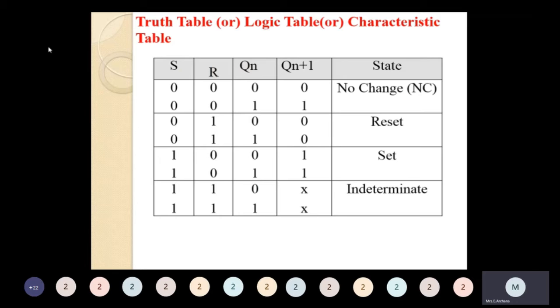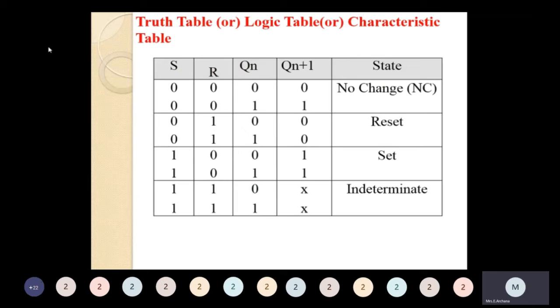There is no change, so we can call this state a no change state. Next, when my inputs are 0, 1 and my present state is 0, the next state is 0. When my present state is 1, the next state is also 0. So we can call this state a reset state.